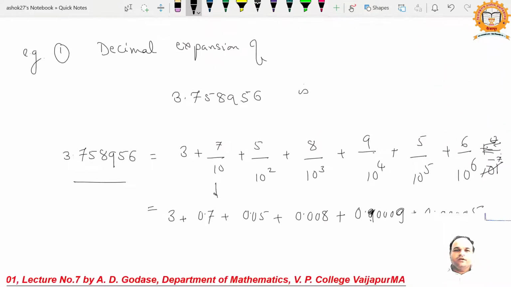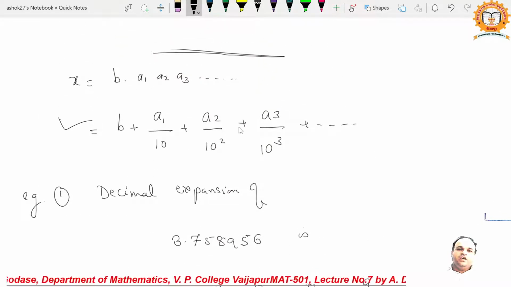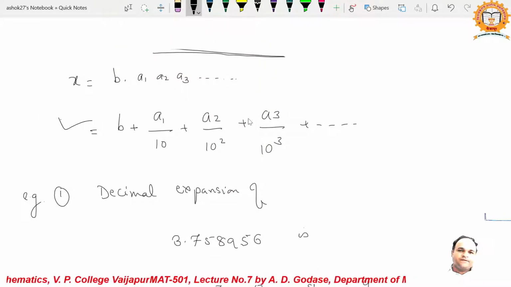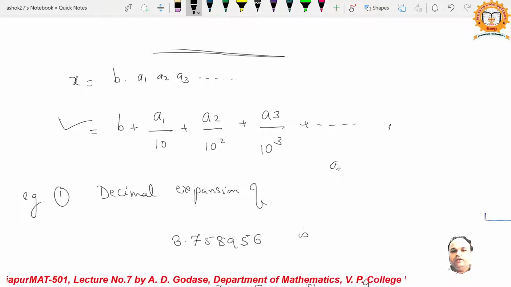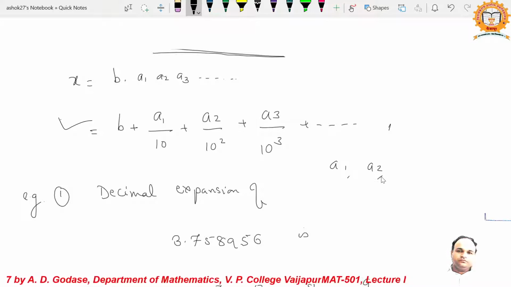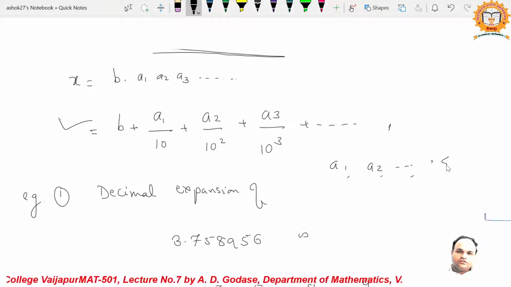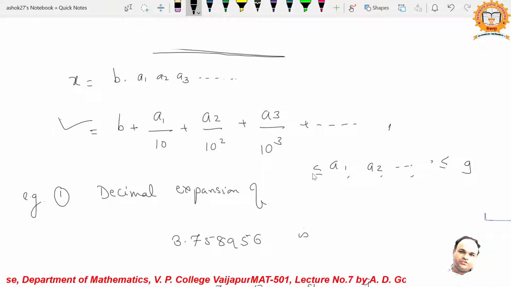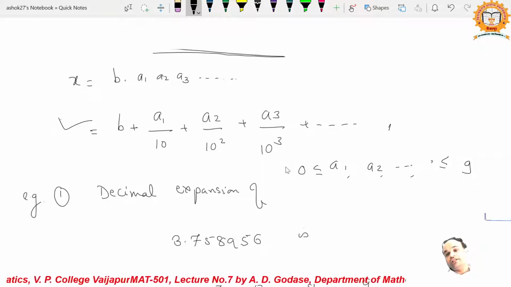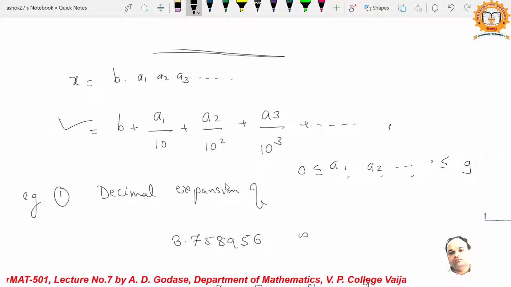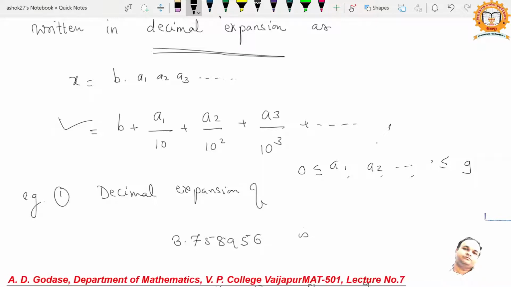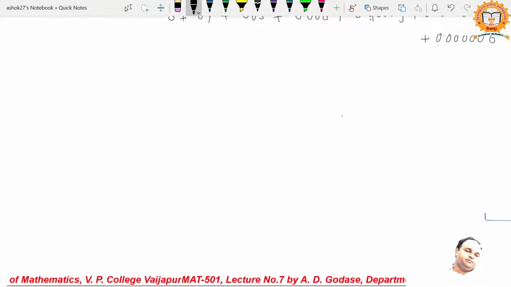Actually, here what are a1, a2, a3 and so on? These are less than or equal to 9 and greater than or equal to 0. It may be 0 or greater than 0. So next, there is a theorem.